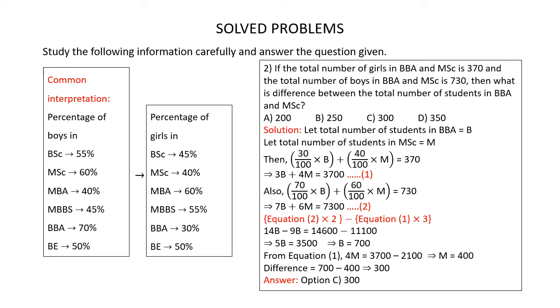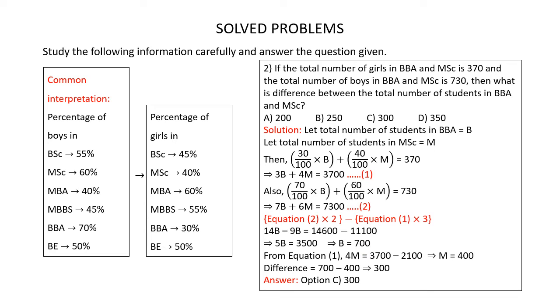Then easily we can find the value of B. So equation 2 multiplied by 2 minus equation 1 multiplied by 3 will give us 14B minus 9B, which is equal to 14,600 minus 11,100. On simplification, we get B is equal to 700.